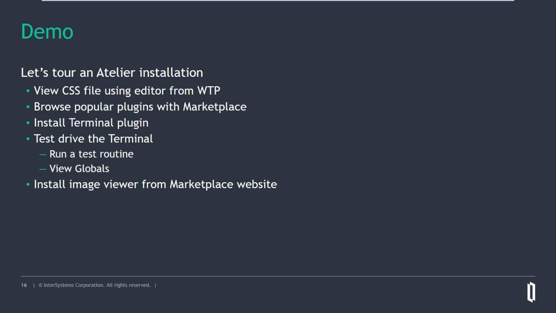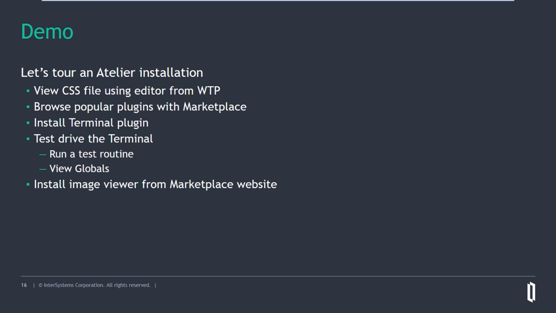So just a quick aside, this is important for all of you. If you're going to be working with technologies that are separate from InterSystems, it's probably best for you to start with an Eclipse installation and then add Atelier as a plugin to that.